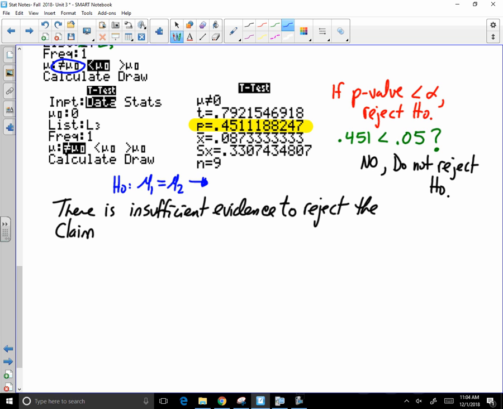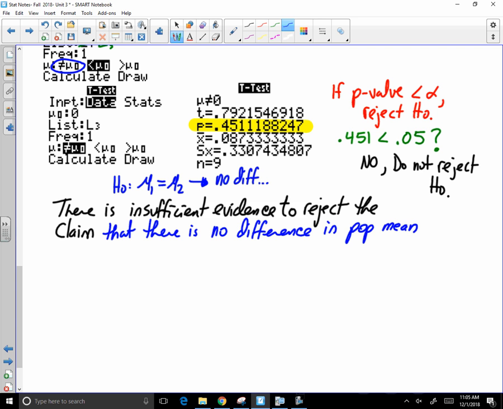But in words, that was that there was no difference in population, whatever it is. Sometimes proportions, sometimes means. In this case, means. Reject the claim that there is no difference in population mean winning percentage.